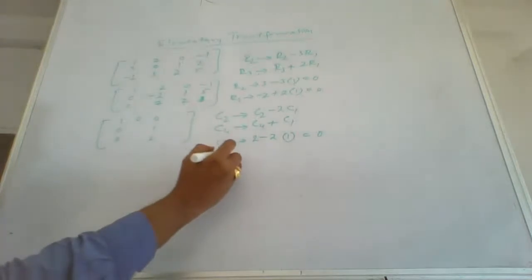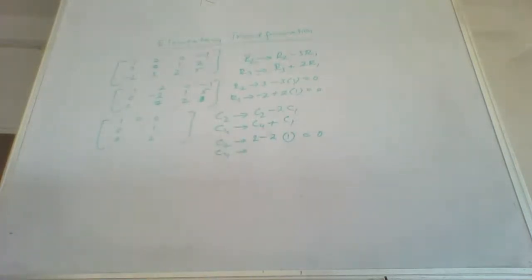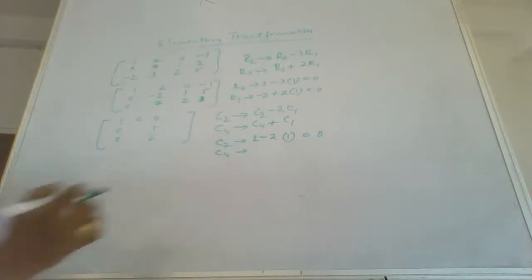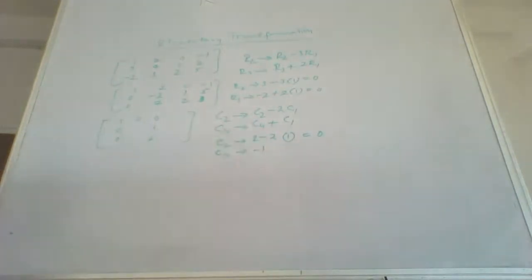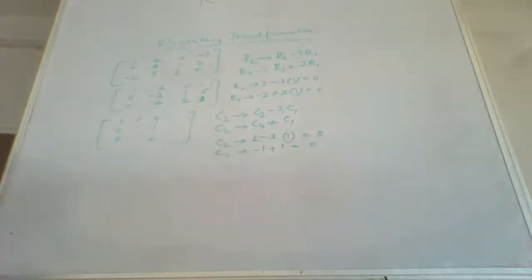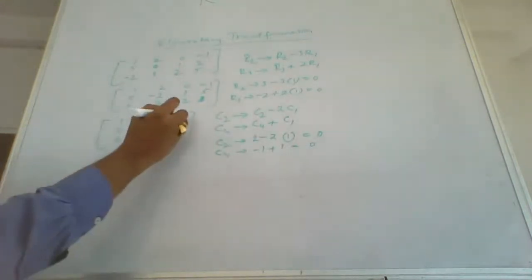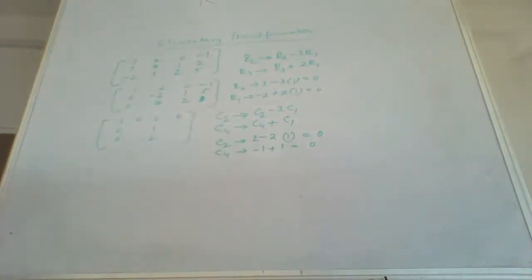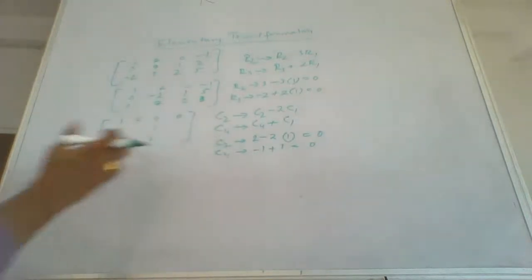Now for the column 4. Okay. So column 4 I have minus 1. And column 1 I have 1. So if I add that, that is 0. So this is 0. Likewise, you have to do for the next thing.